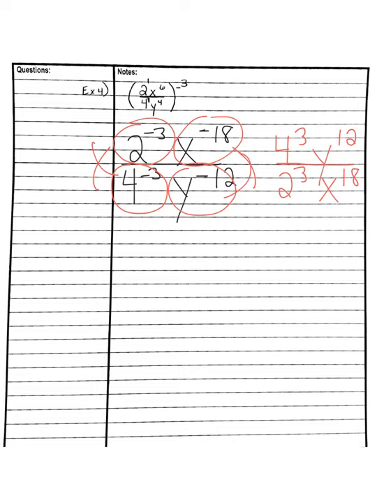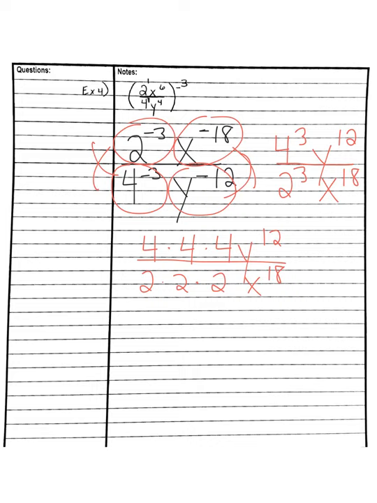So my y's and my x's are different letters, so we can't simplify those, but let's go ahead and simplify the 4 cubed and the 2 cubed. We could write it out as 4 times 4 times 4, y to the 12th, divided by 2 times 2 times 2, x to the 18th.